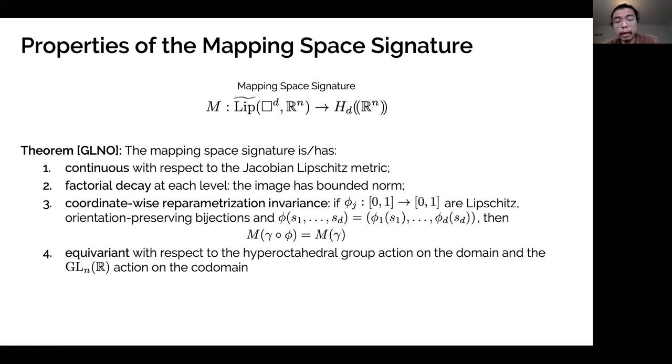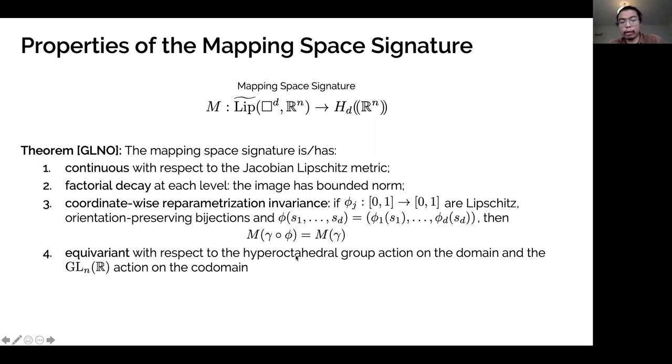So it's equivariant with respect to the hyperoctahedral group action on the domain. So this is just all the symmetries of the D cube. In the one-dimensional case of paths, this group just has one element, which is time reversal. And we found that in the setting of paths, we can talk about the signature of the inverse path as its tensor inverse.